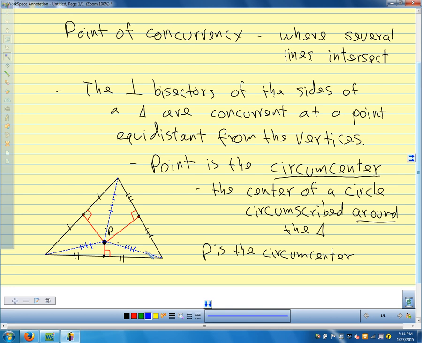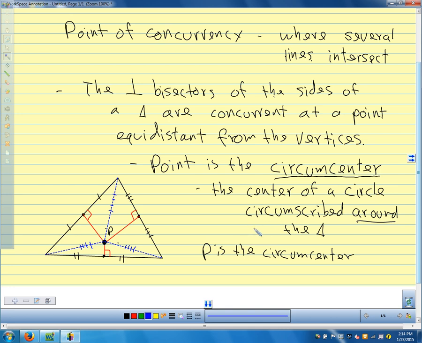So the circumcenter is the same distance from each of the vertices of the triangle, and the circumcenter comes from the perpendicular bisectors. All right, questions on what the circumcenter is? It's kind of interesting that all of these perpendicular bisectors meet at one point.